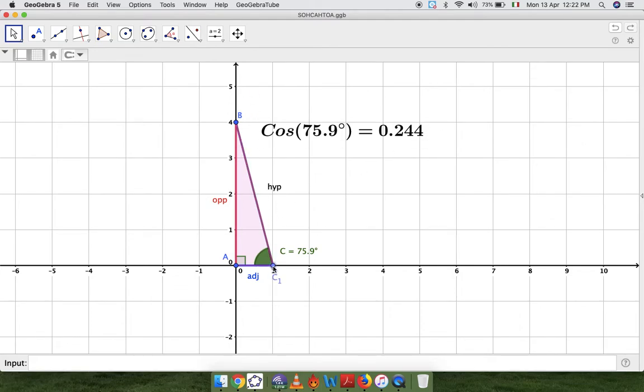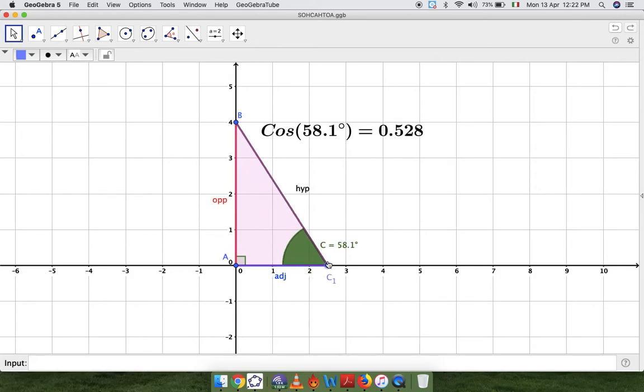So now I'm going to start moving this point, and I'm going to move it to the right. So what happens when I move it to the right? I'm not going to be able to hit 60 degrees exactly, but I'm trying to.